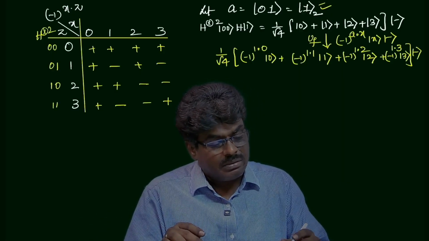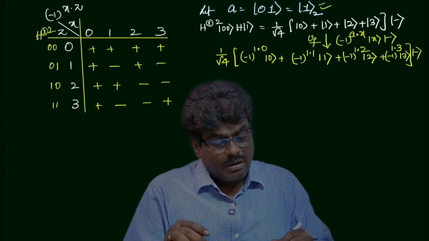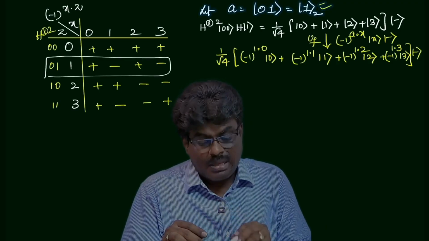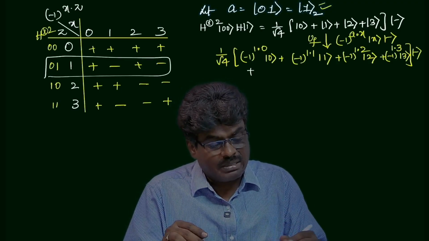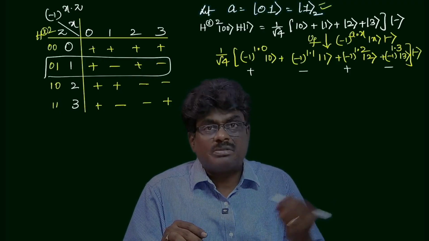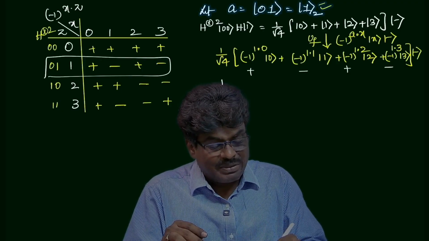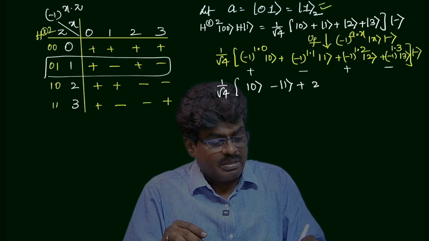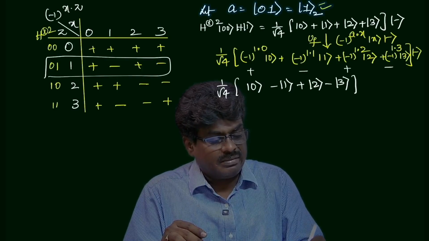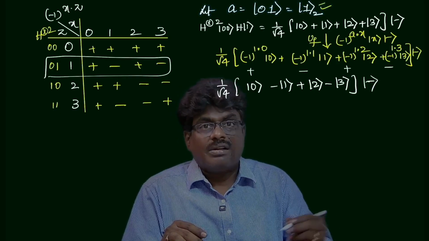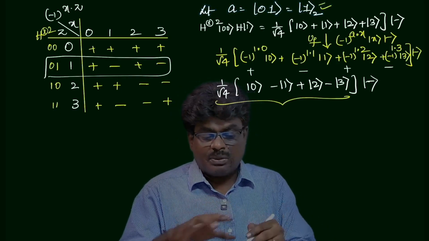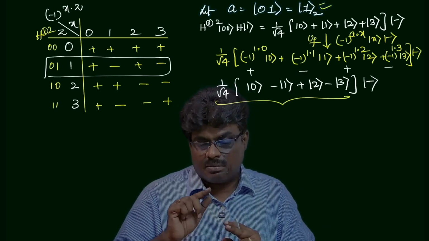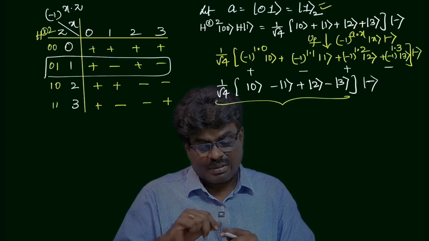Fine, is it okay? Right. Now please check from this table, if you have this 1, plus minus plus minus. So this is a plus and this is a minus and this is plus and this is minus. So this is 1 over root 4, 0, minus 1, plus 2, and minus 3, minus as it is. If you carefully observe, I told you this table is useful for Hadamard operations as well as the phase bitwise dot product table.